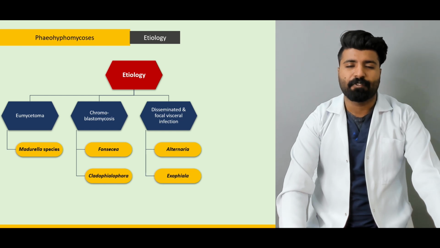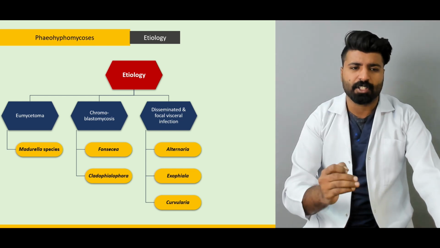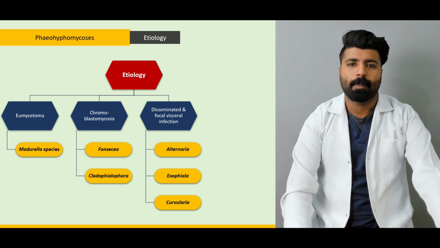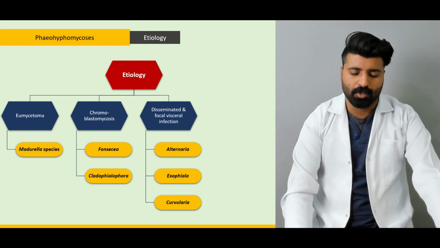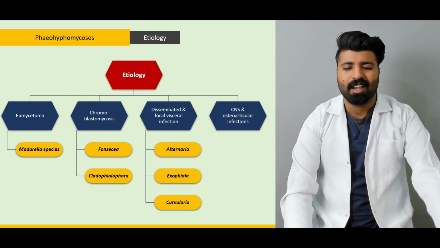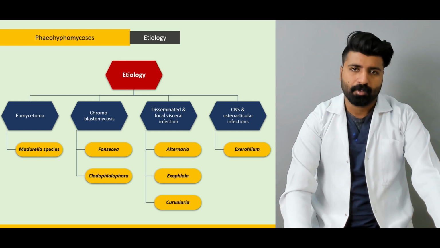We have Exophiala, some people call it exophilia. It is also caused by Curvularia. Now, these are the causative organisms, the etiological features for phaeohyphomycosis. Next on, we have CNS and osteoarticular infections, which will be caused by what? Exserohilum.